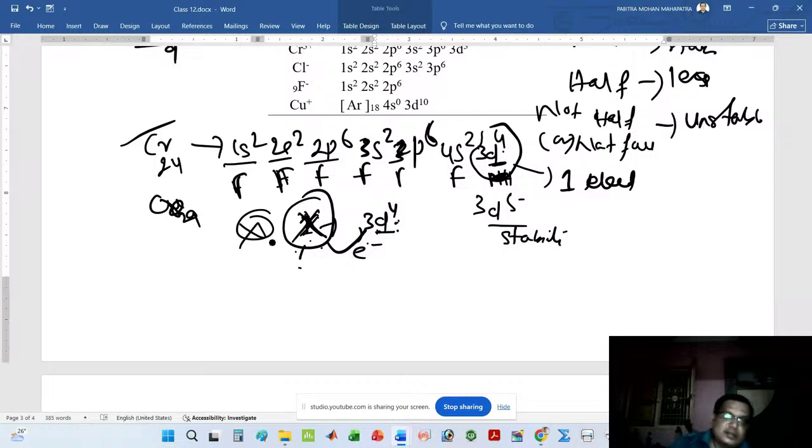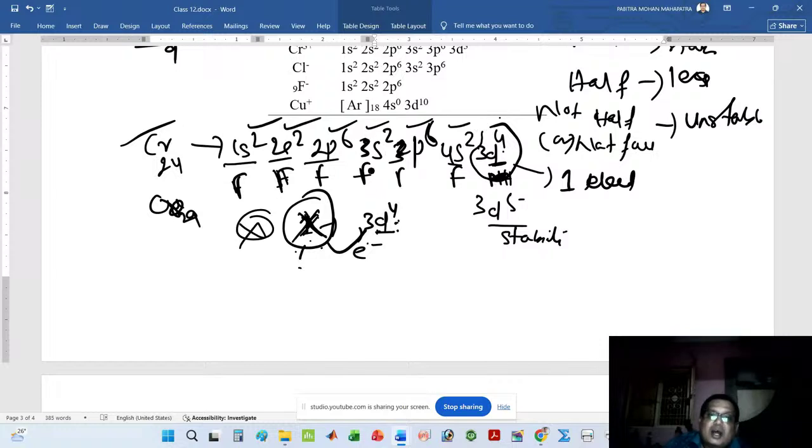Look at that. 1s stable, 2s stable, 2p stable, 3s stable, 3p6 stable, 4s stable due to fulfill, 3d is unstable. Suppose we think about 4s. If we check the energy of 4s and 3d, they are nearly the same as each other.